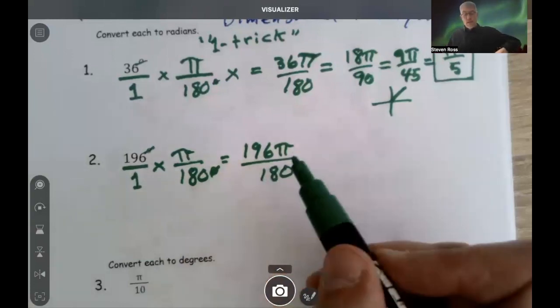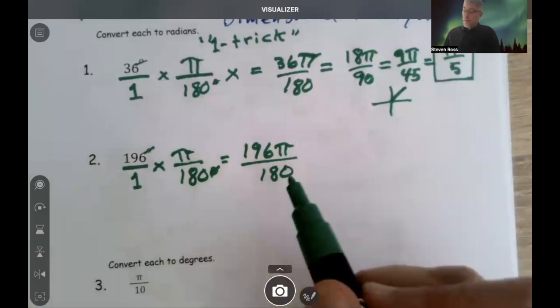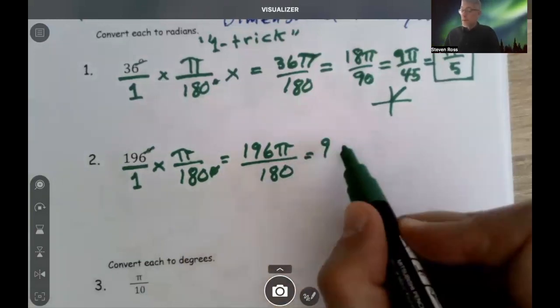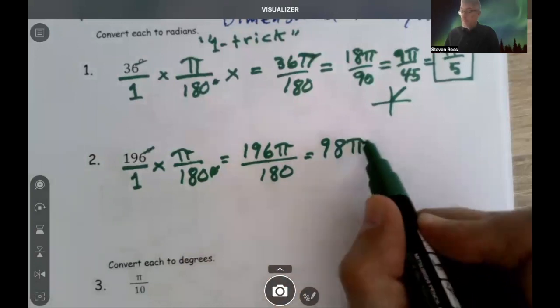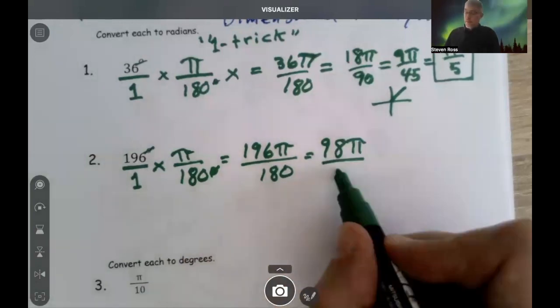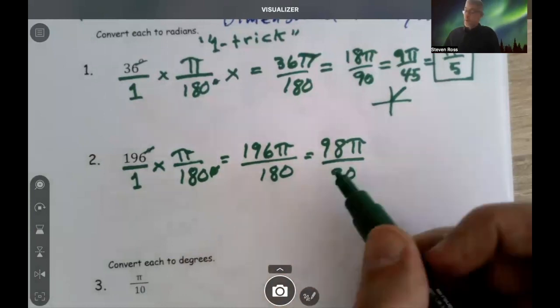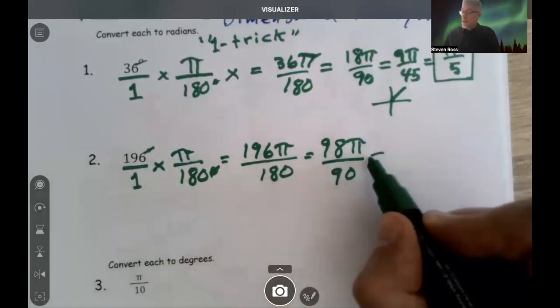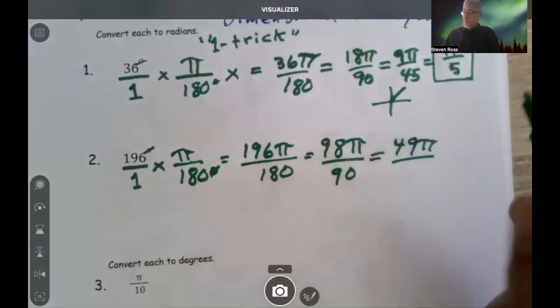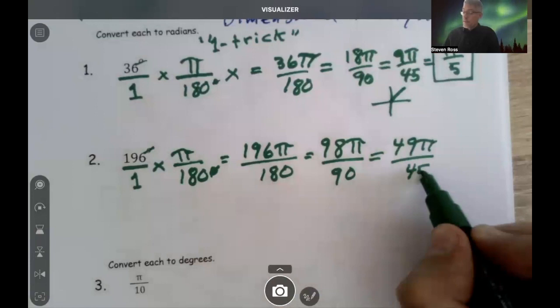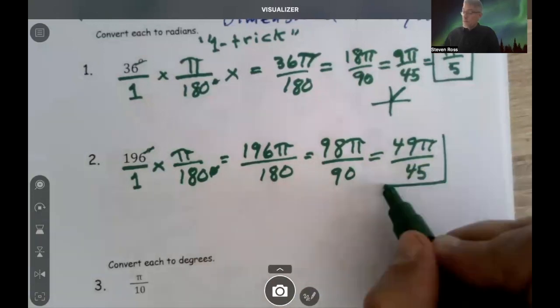And then I'll just go ahead and reduce that. It reduces down when I cut them in half to 98 pi over 90. We can cut them in half again, and that's 49 pi over 45. And that's completely reduced.